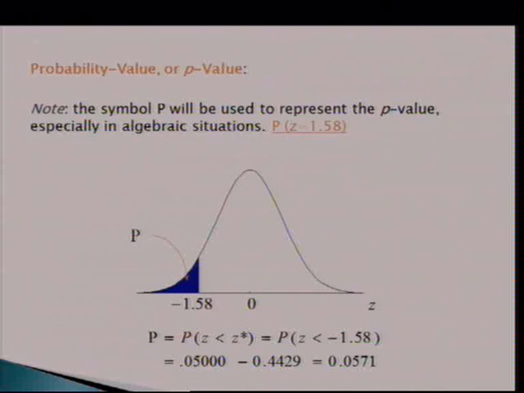If we sketch the graph, minus 1.58 lies on the left-hand side, and the shaded portion is our rejected region, and the blank portion is our accepted region. So we have to find the probability of Z being less than Z star, that is, to the left of the point 1.58, where Z star is the distance from 0. So it is the same as Z less than minus 1.58.